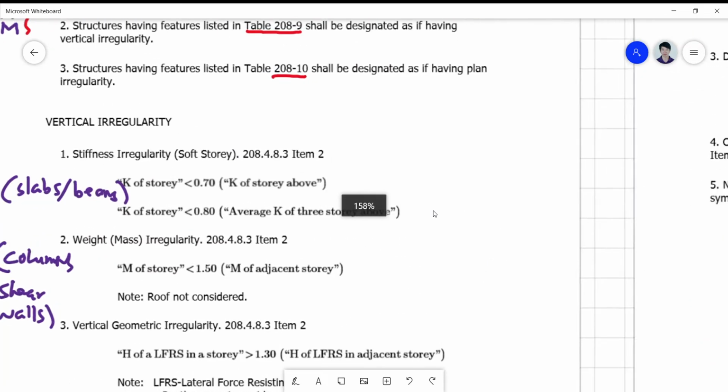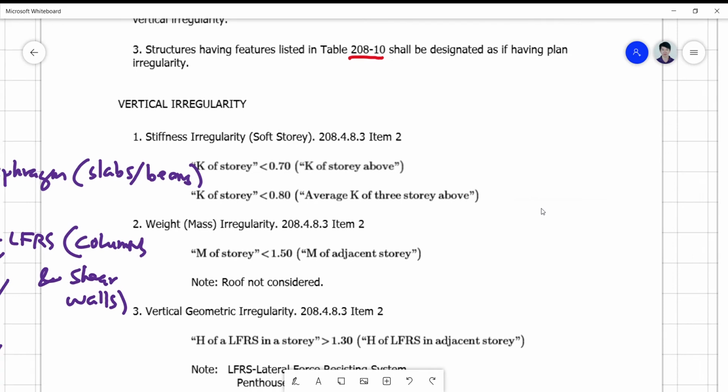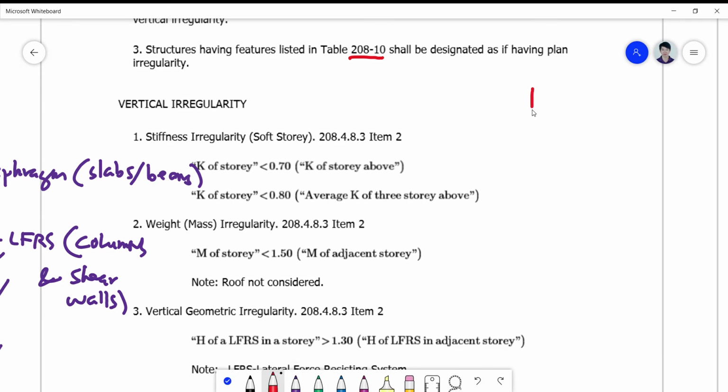The first one is what you call the stiffness irregularity. By the way, before I proceed, I'd like to explain to you the meaning of adjacent and above and below. When we are pointing to a reference story, let's say the 3rd story or 3rd level, the adjacent stories are the 2 stories above and below.